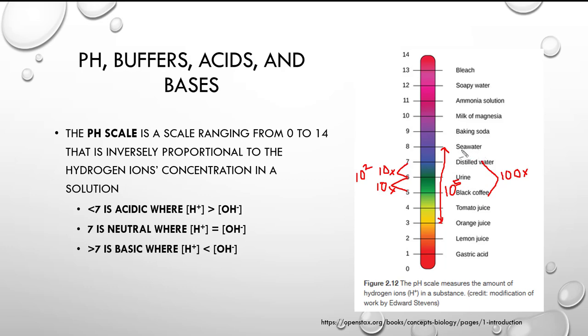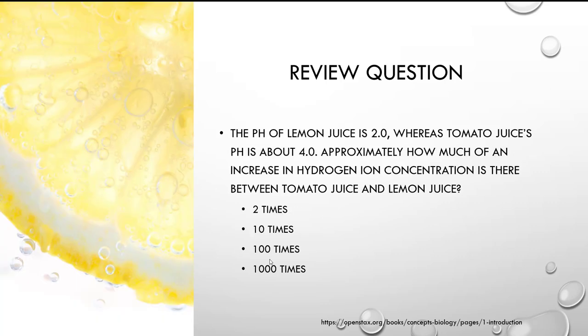Seawater has 10 to the 5th power less hydrogen ions than orange juice. So it's a factor of 10 for each individual spot. With that understanding, let's see if we can get that question.